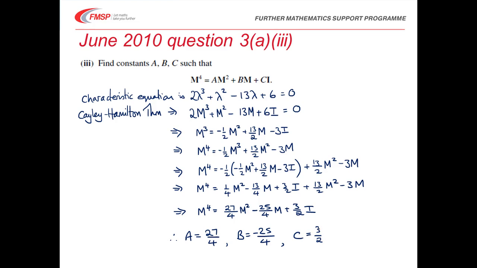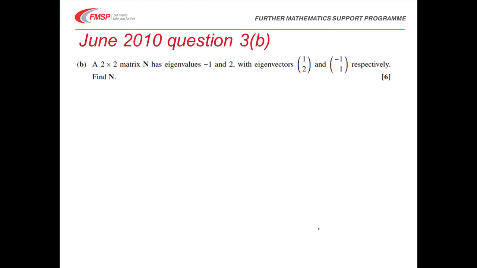That was quite messy as Cayley-Hamilton Theorem questions go, but it's the standard method. Okay, I've got eigenvalues and eigenvectors, so I'm going to create a diagonal matrix D consisting of the two eigenvalues on the leading diagonal, and a matrix of eigenvectors, making sure I keep them in the same order as my eigenvalues.